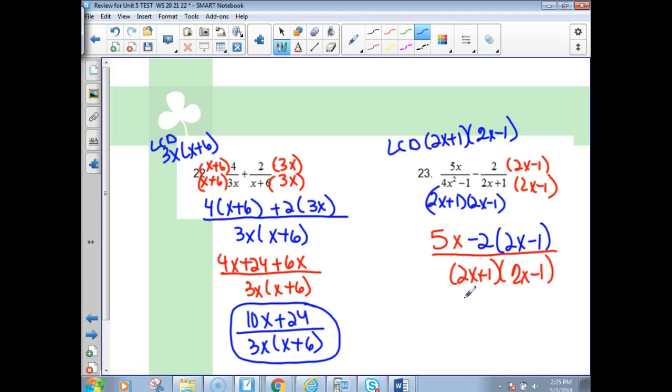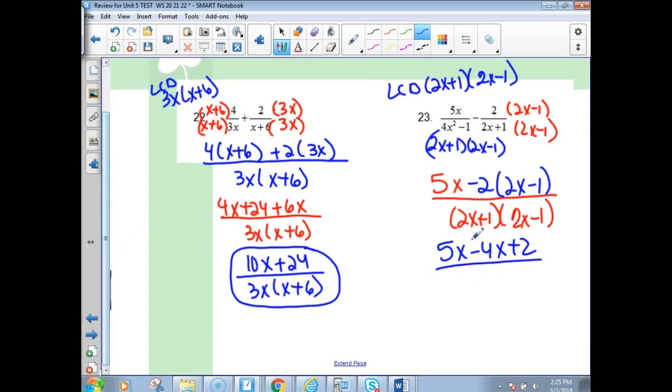You can avoid that step if you distributed right away. I've got 5x minus 4x plus 2 now. And I'm just going to finish off that numerator. Simplifying it would give me x plus 2, and in the denominator, 2x plus 1 times 2x minus 1.